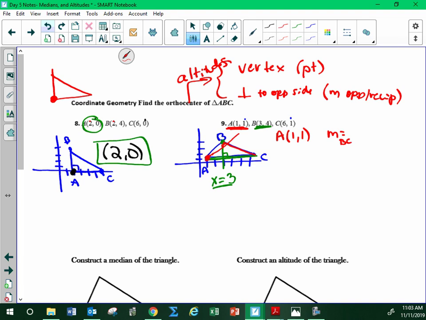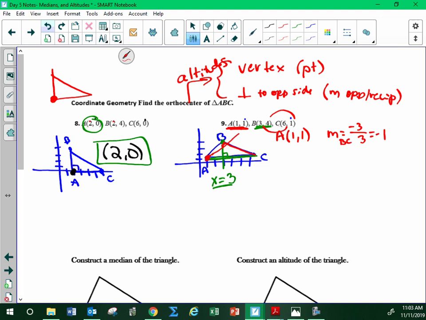You can just use our slope formula, right? So you do BC. 1 minus 4. Oh, you guys do that so quick. Hold on. 1 minus 4, so we get negative 3. 6 minus 3 is 3. So negative 3 over 3. Good.